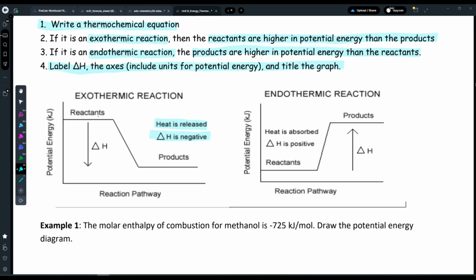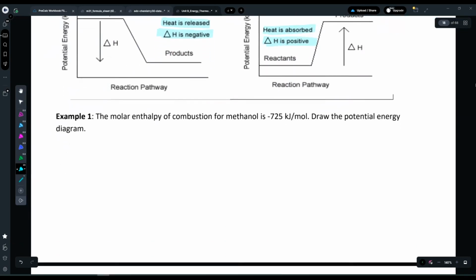For endothermic reactions, your products are going to have more potential energy than your reactants, and your change in enthalpy is going to be positive. Again, the reason is because in endothermic reactions, heat is entering the system, so that's why your change in enthalpy is positive. All right.